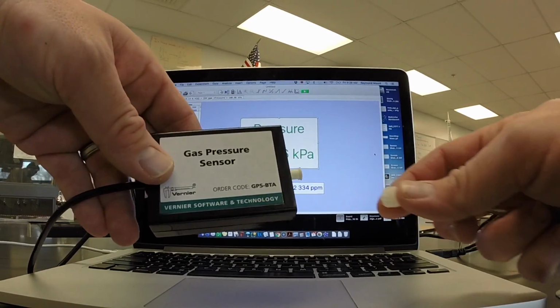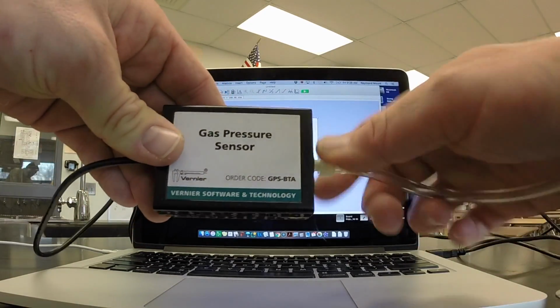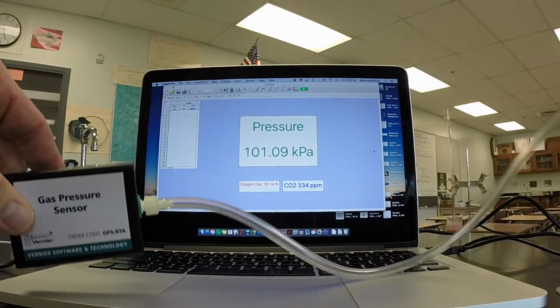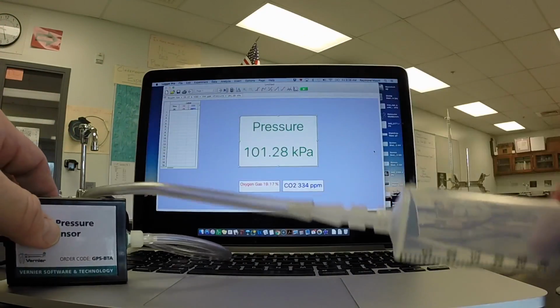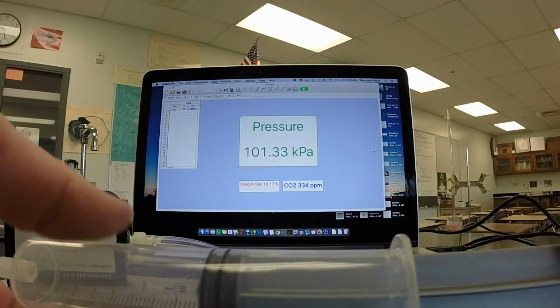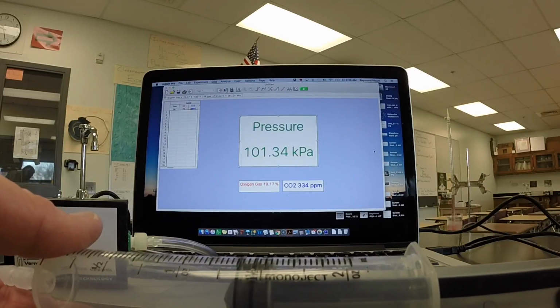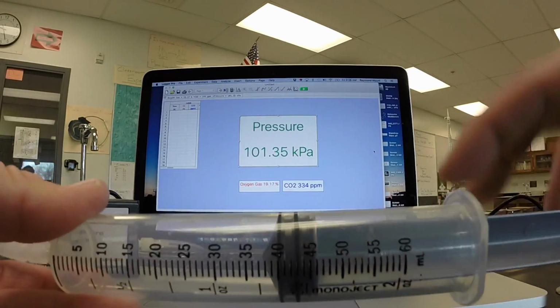The gas pressure sensor, I'm going to connect that to the syringe. And the pressure in the syringe, as you can see, is still about 101.2 or so kPa.